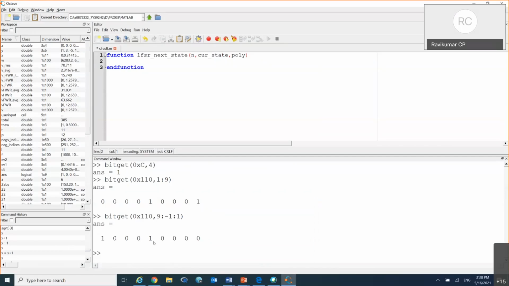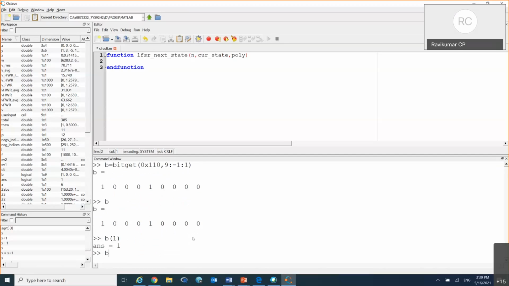Okay. So what did I do here? I applied the bitget function, which extracts the bits of this hexadecimal number. And by giving this vector here, I can extract all of them in one go. This can be assigned to, let us say, some b, so b will be that bit: b1, b2, etc. you can expect.